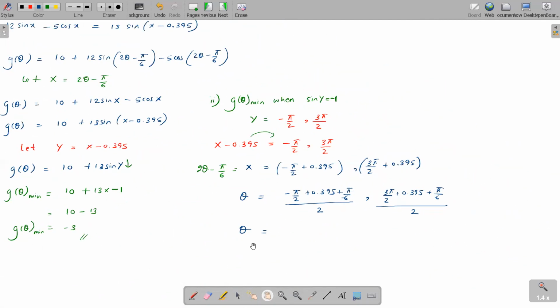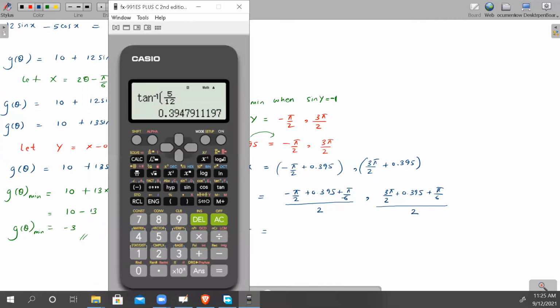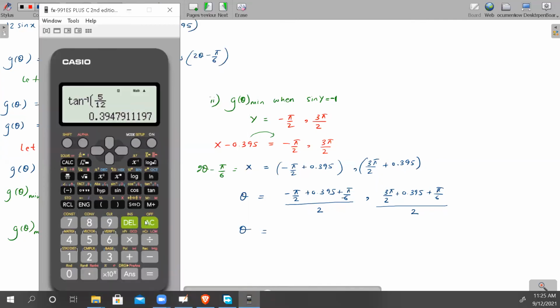So from these two, we'll check which one is the closest. Then we'll take the first one: minus pi over 2 plus 0.395 plus pi over 6, the whole thing divided by 2, right?